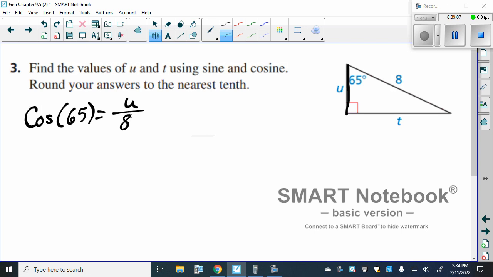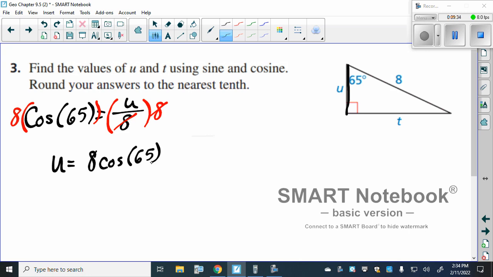Now what do you think we do next? Multiply both sides by 8, because we want to get rid of this fraction and hopefully get u by itself. So here we can multiply both sides by 8, which means that this 8 and this 8 will simplify, telling us that u is equal to 8 cosine of 65 degrees.